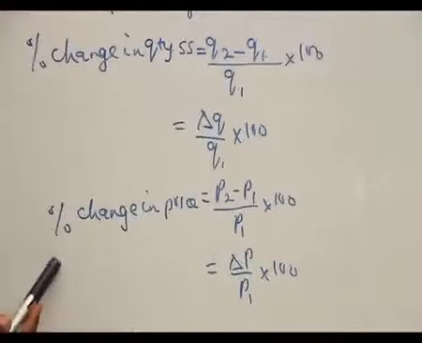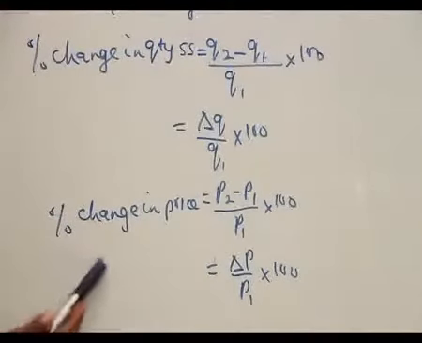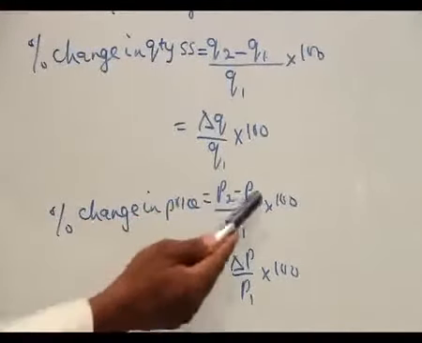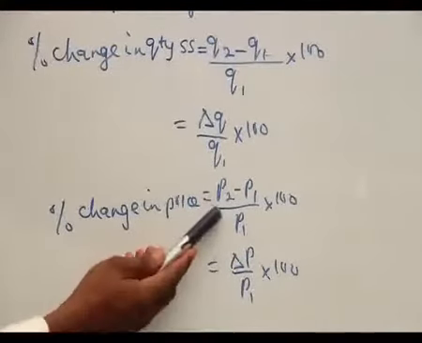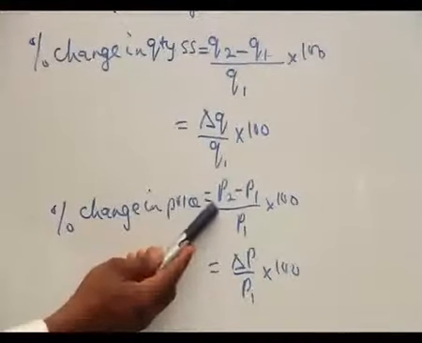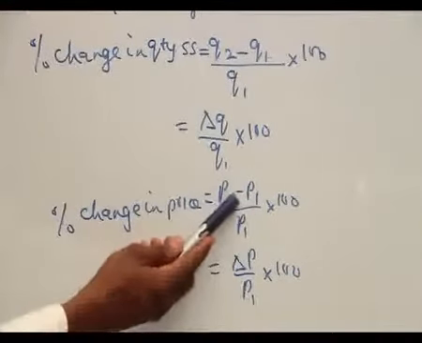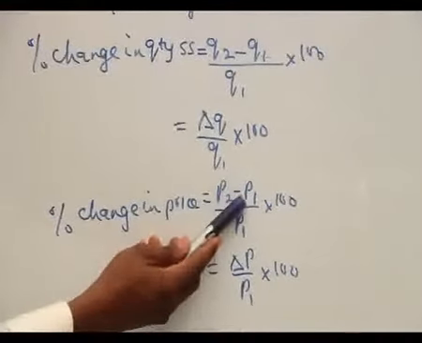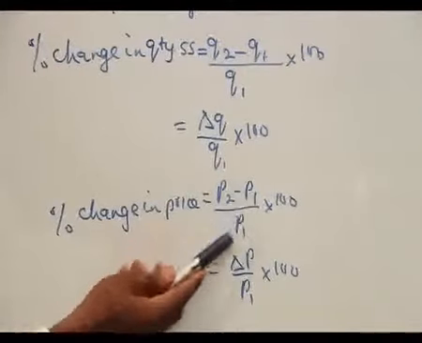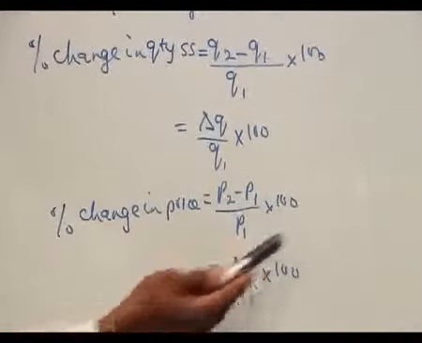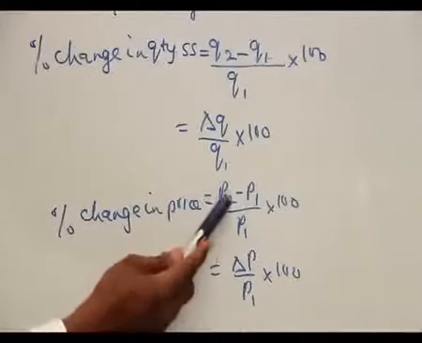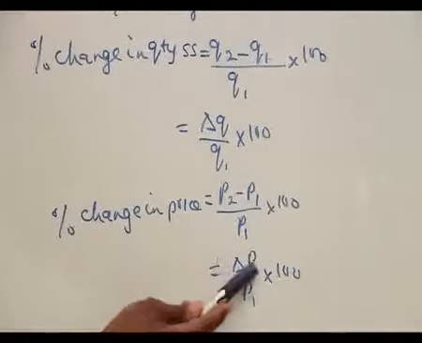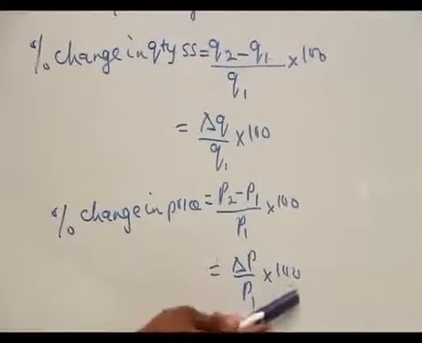We come down to percentage change in price, where we have P2 minus P1 divided by P1 times 100. P2 indicates the current price minus the initial price, the previous price, divided by the previous price times 100. The change in P, that is, the difference between P2 and P1, is referred to as delta P over P1 times 100.